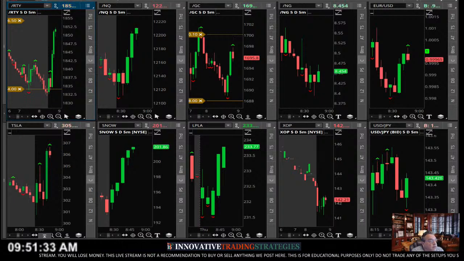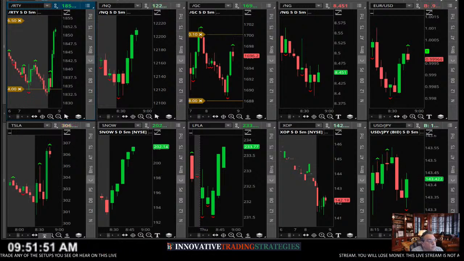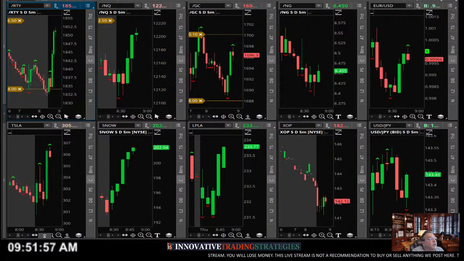Target on that is going to bring us up to 12232.5. And if for some reason we need the reverse, it's going to be down here at 12120.